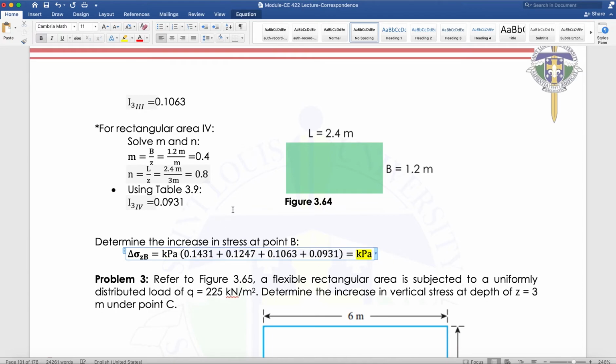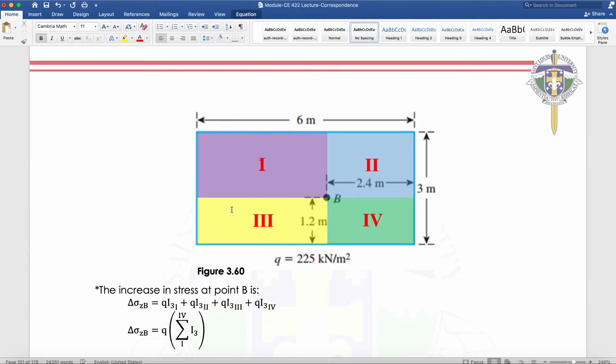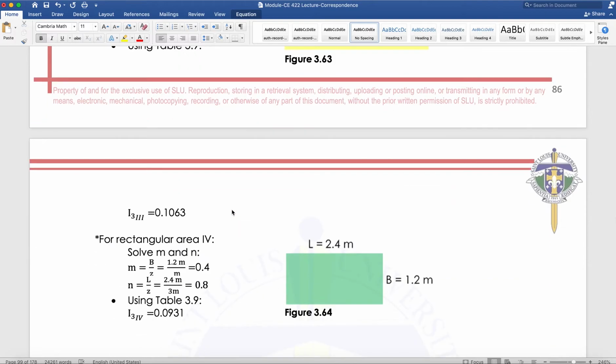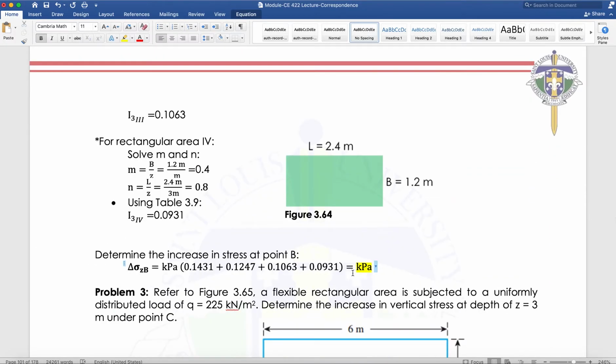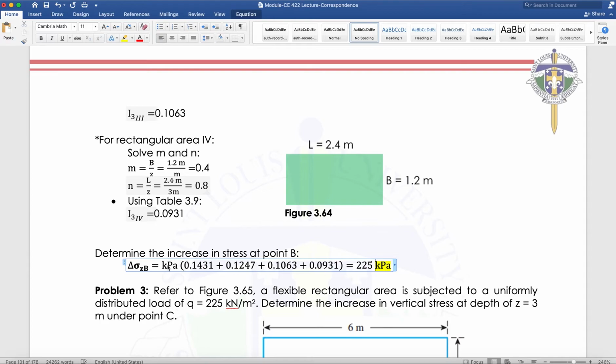Then, we multiply it by our pressure. Our pressure is given as 225 kilopascals. Now, 225 times 0.1431 plus 0.1247 plus 0.1063 plus 0.0931. That is equivalent to 105.12 kilopascals. So this will be the value of our delta sigma Z at B.